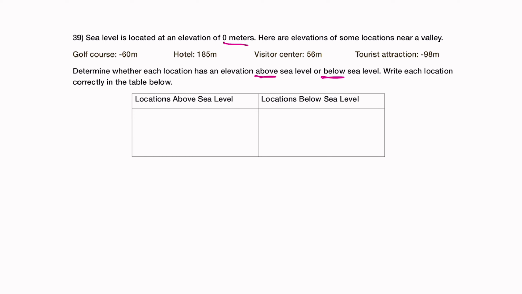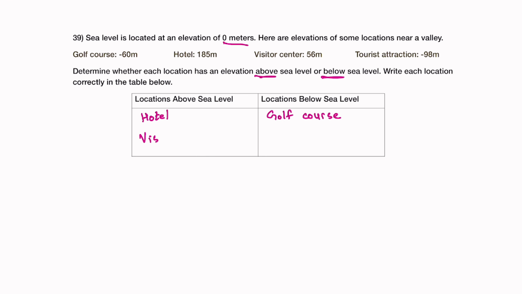Such a simple question. Let's start with golf course. It's minus. So minus is above or below? It's going to be below. So we write it here. Golf course. Then we have hotel 185. Above or below? It's above, right? Because it is a positive number. Visitor center 56 will be here, positive, right?